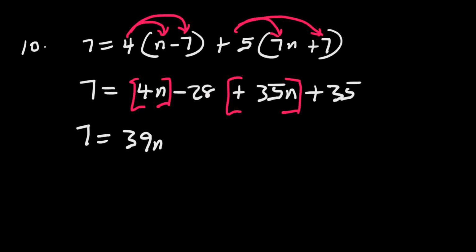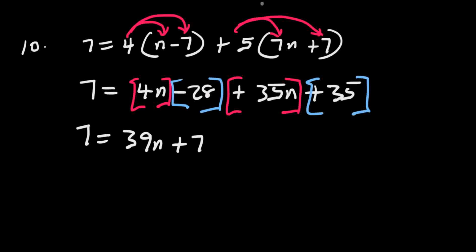Also, we can combine the values without n. And you can say we have negative 28 and plus 35. So if you combine these two terms, negative 28 plus 35, that will give us 7. So plus 7.